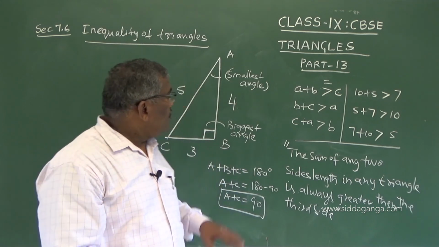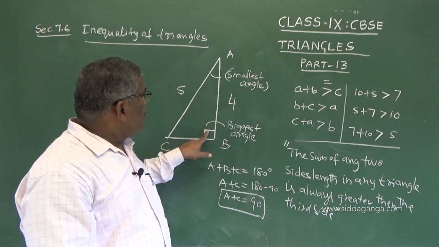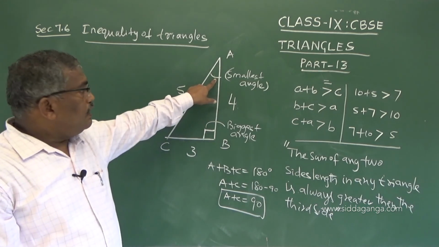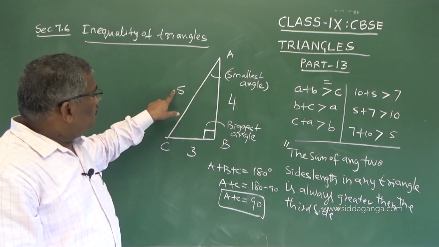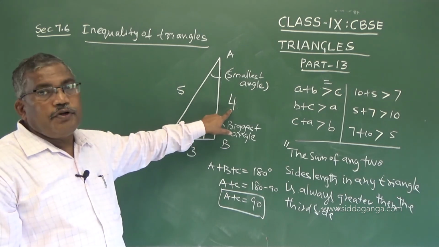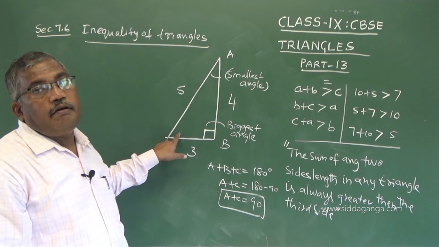So therefore we call this the biggest angle, and this is the smallest angle. The rest one is the middle one. So 5 is the biggest, 3 is the smallest, 4 is the middle one. So therefore opposite to it, it is the middle angle.